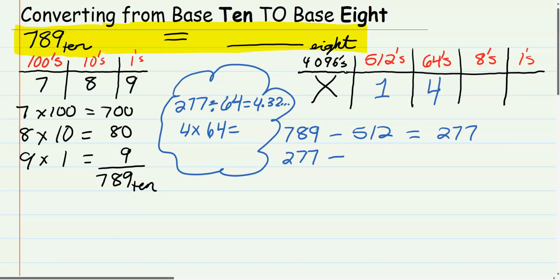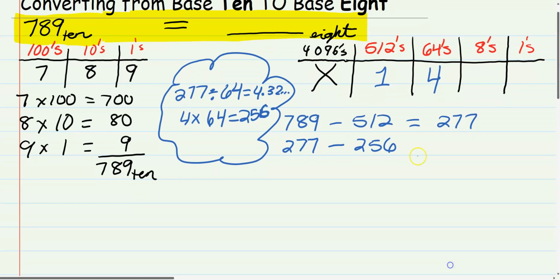So 4 times 64 is 256. So I have 4 full groups of 64 within 277. And that leaves me with how many left? 277 minus 256, which would be 21 left over.